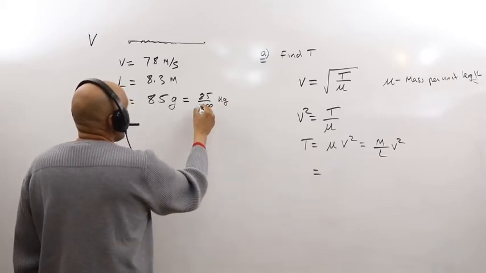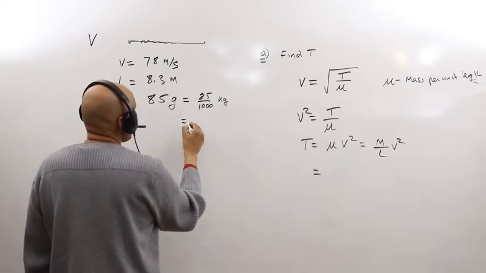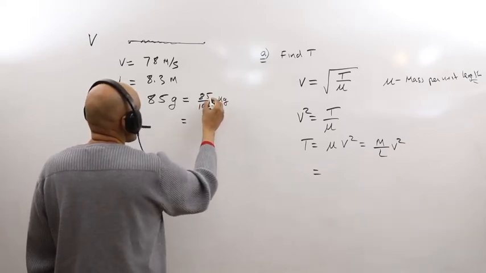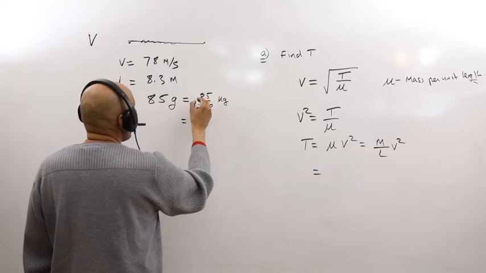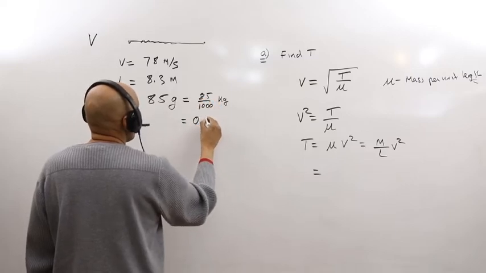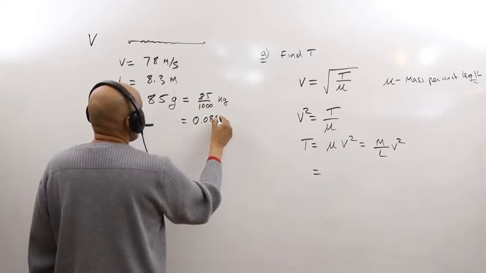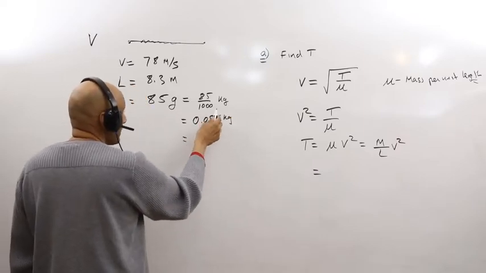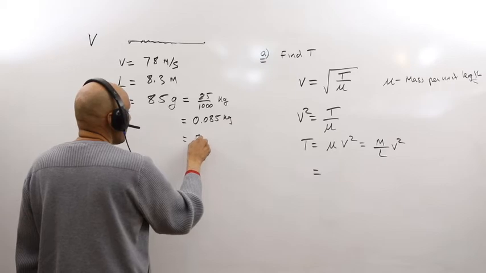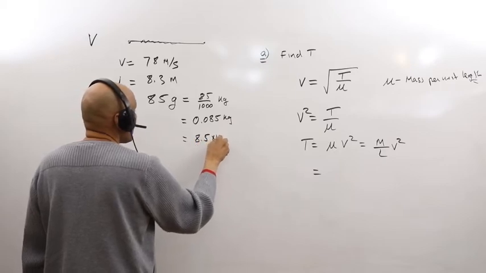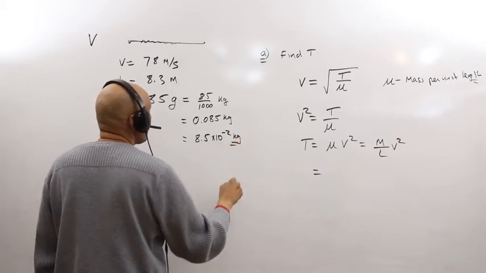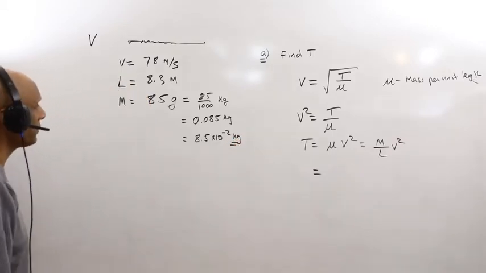Moving the decimal point by 3 places, that is 0.085 kilograms. But standard form says we should be writing it as 8.5 times 10 to the minus 2 kilograms. So now we're in standard units.